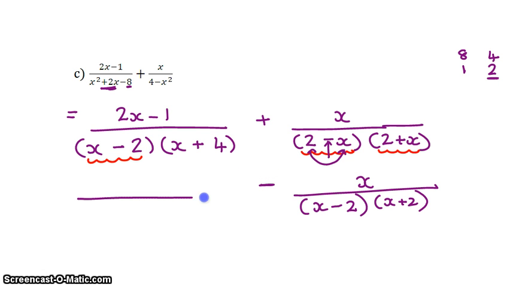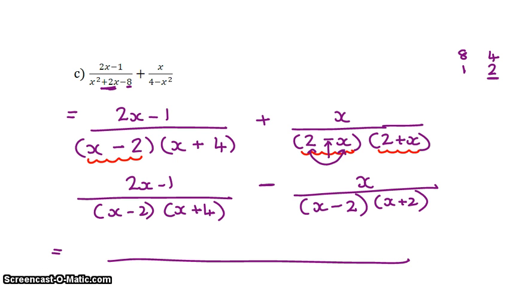Now, why did I want to do that? I wanted to do that because it's very helpful for me to have identical brackets when I'm trying to create a lowest common denominator, because now I can have x minus 2 as part of my lowest common denominator, and it's in both of them. I don't have to have an x minus 2 and a 2 minus x.